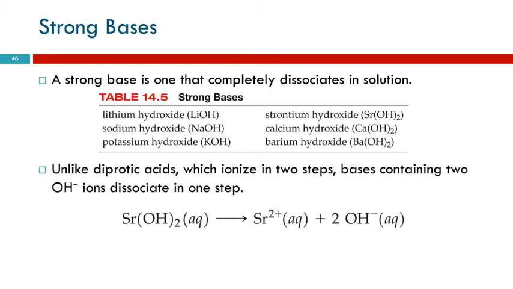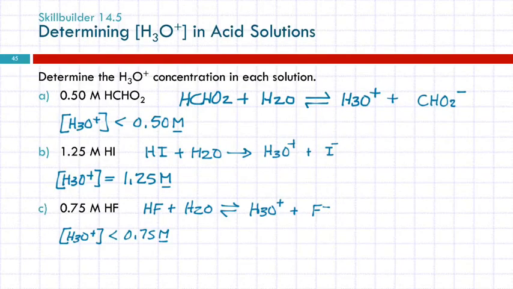Like in the example for B, if the molar ratios were not 1-to-1 in the reaction, how would you then figure it out? Okay, so let's make a hypothetical acid. Let's call this H2A. If H2A was a strong acid with both of its hydrogens, it would use two water molecules. It would form two hydronium ions and A2 minus.